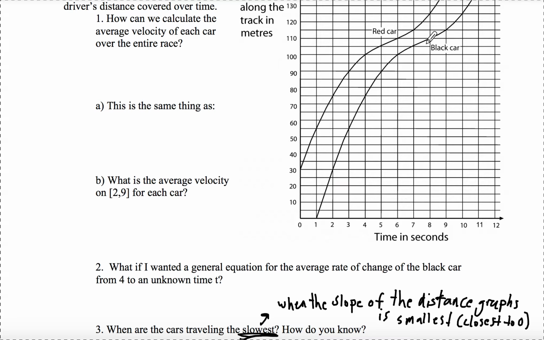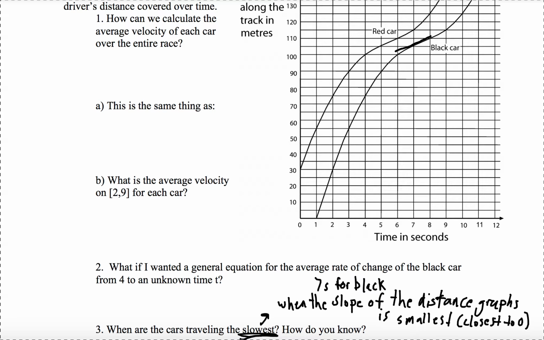So we can imagine a situation like in here, for example, where it looks like the slope would be the smallest. If I tried to just draw a slope that goes right along there, it might be something like that. It's a pretty shallow slope. So at about 7 seconds or so for the black car.